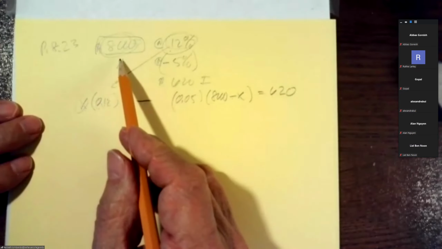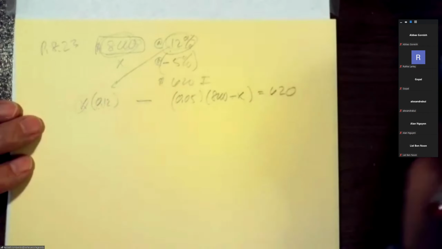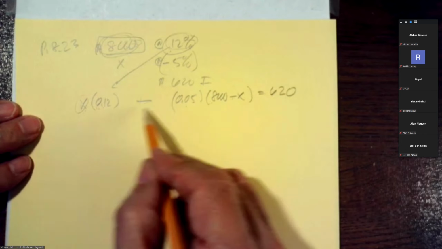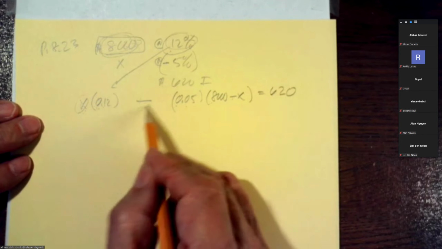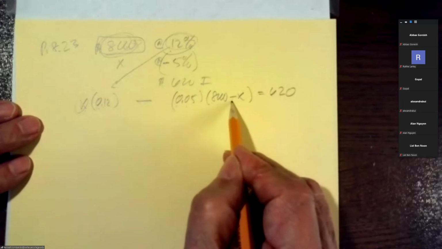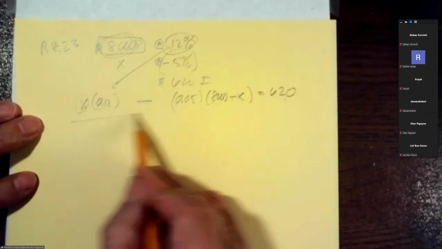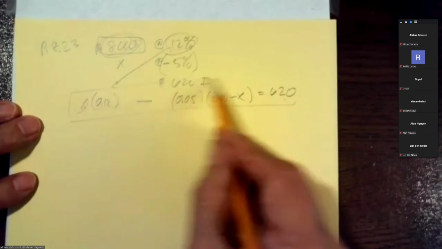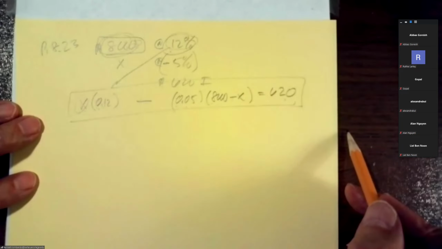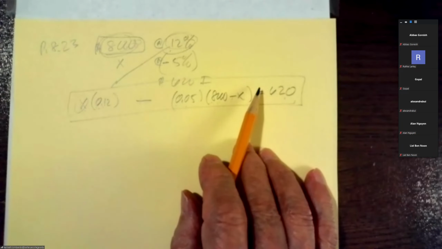Okay, so we've taken the word problem and created an equation: 0.12x minus 0.05, minus because it was a loss, 0.05 times the amount invested, which is 8,000 minus x, equals 620. On a problem like this, to me, the most difficult part is just setting it up. Now, once you've got this, are you able to solve this?